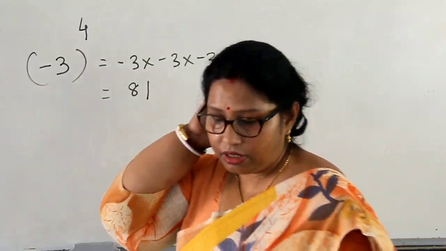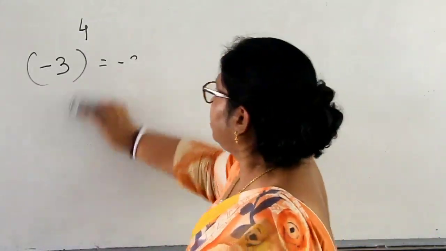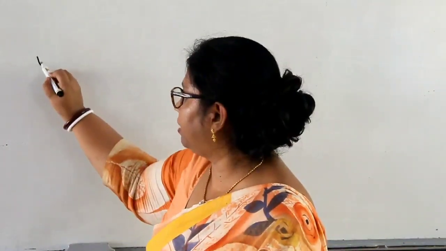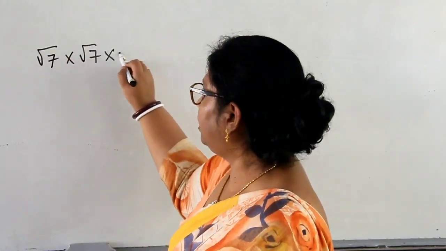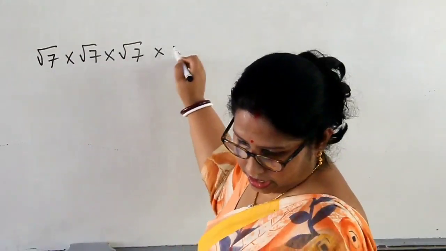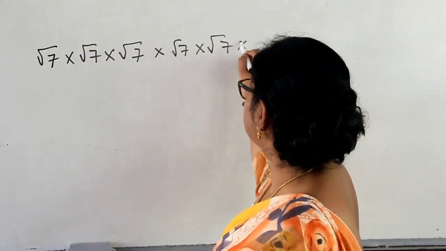Suppose from that exercise, I have taken one sum, that is given: root 7 into root 7 into root 7 into root 7, this is for 6 times.